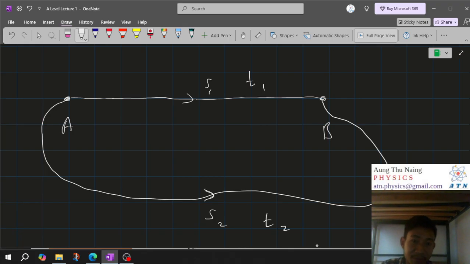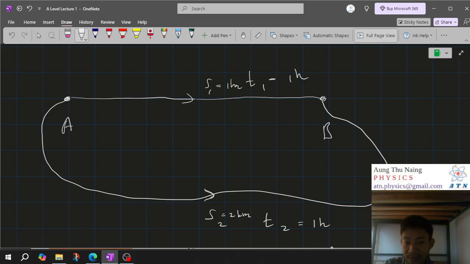Let's substitute some values. Let's say S1 is equal to 1 kilometer, and S2 is equal to 2 kilometers. T1 is equal to 1 hour, and T2 is equal to 1 hour. Which object is faster?